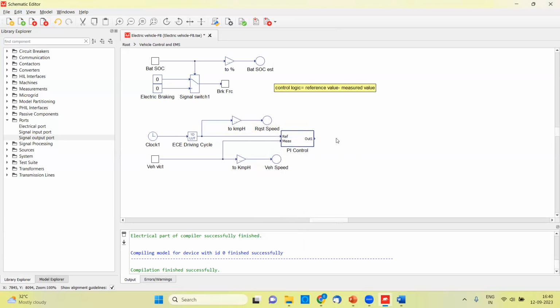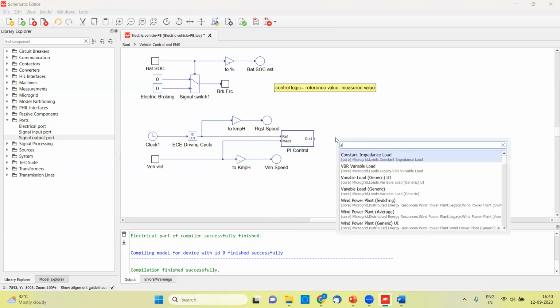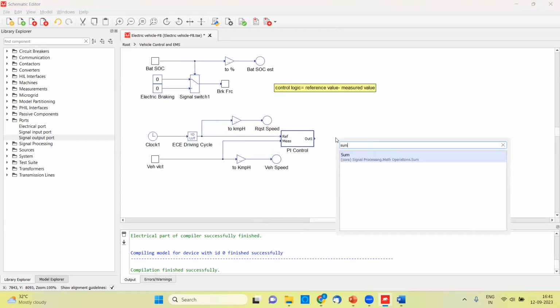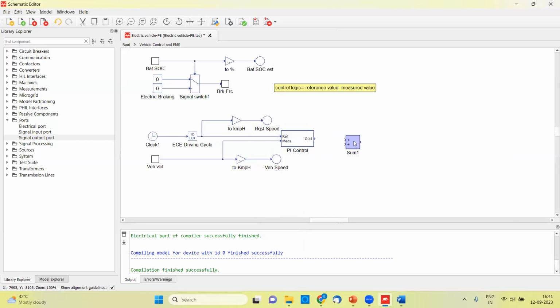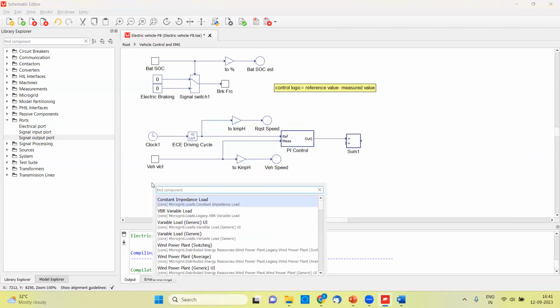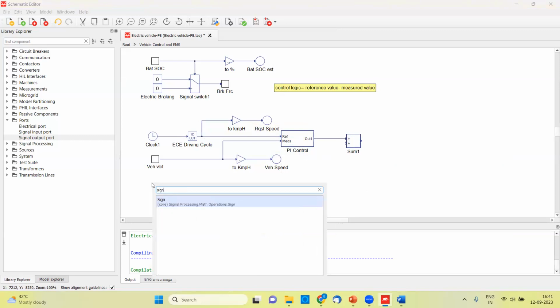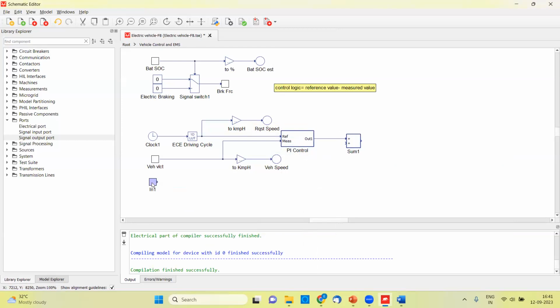Then I will use one sum block over here. I also have one input again coming from here, so I'm using one signal input port. Now what is this signal input port indicating? This is indicating vehicle resistive force.